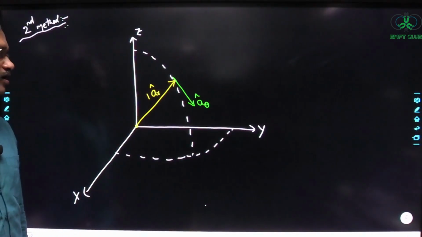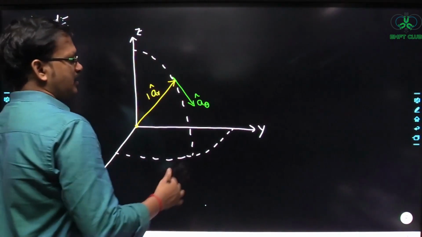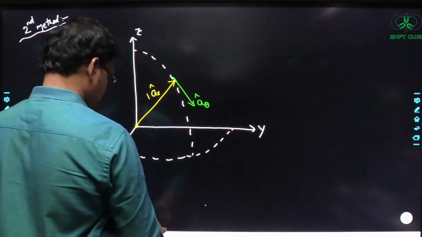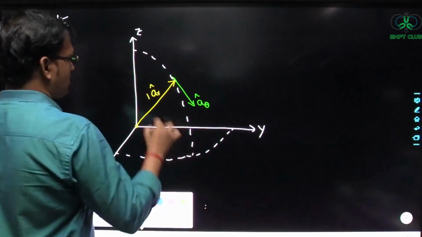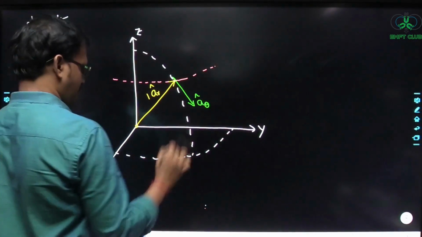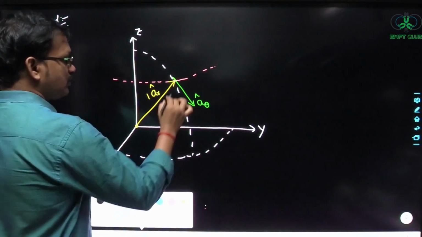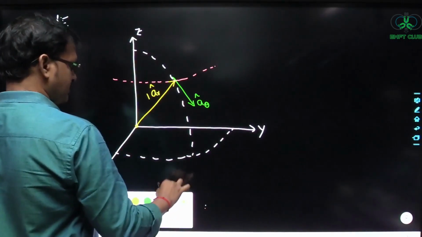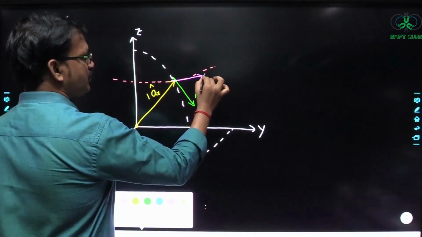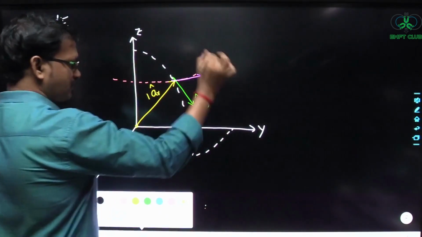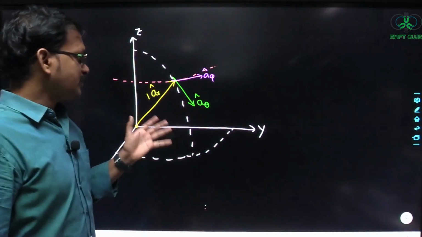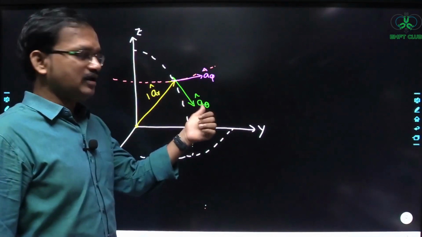Let us assume one horizontal circle is passing through this point. If you draw the tangent at this point to this horizontal circle, this will give you a phi cap.